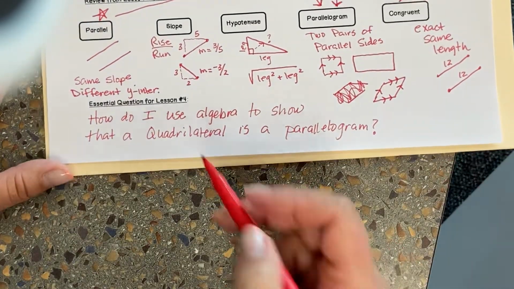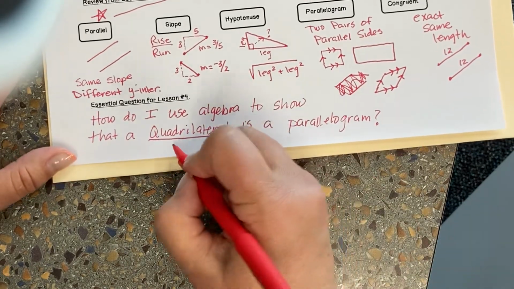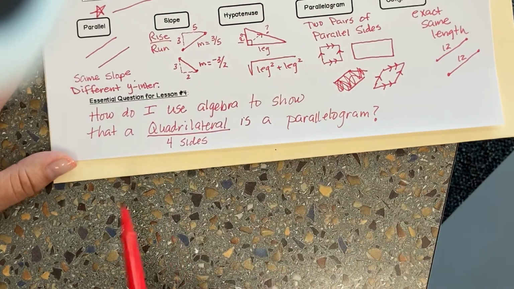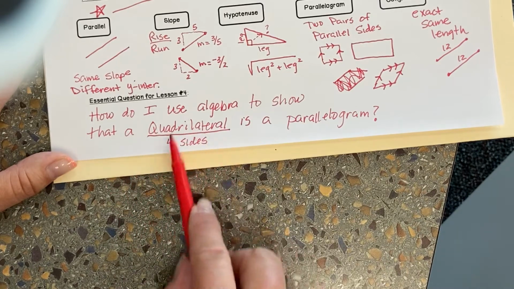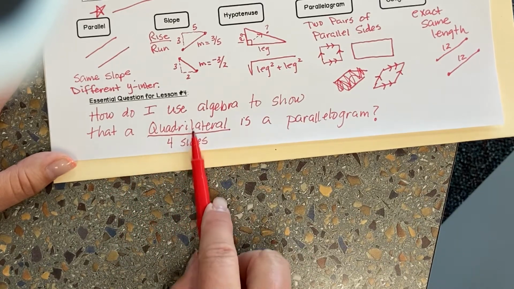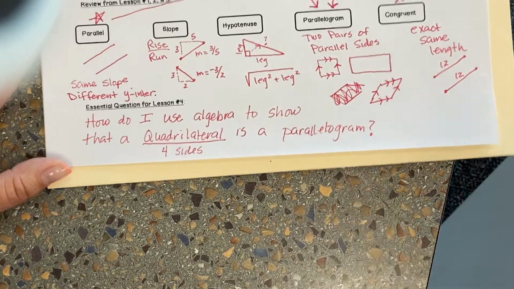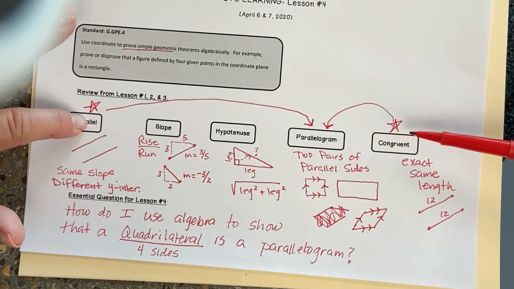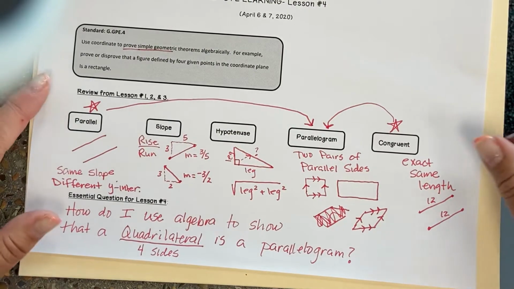So let's talk about the word quadrilateral. Quadrilateral is any figure that has four sides. So this says, how do I use algebra to show that a four-sided figure, which is called a quadrilateral, is a parallelogram? And the answer is, well, we're going to show the sides are congruent, and we're going to show there's parallel sides, and then it's going to make a parallelogram. Okay, let's work on that. Page 2.